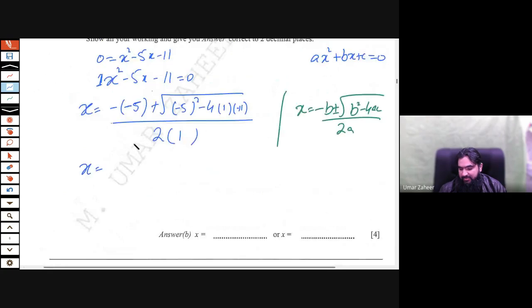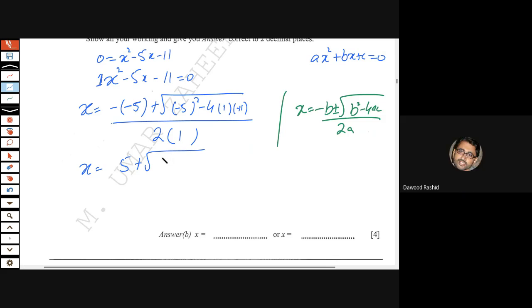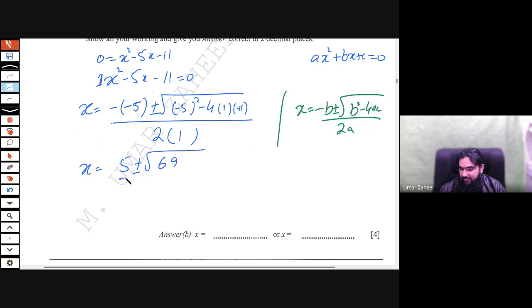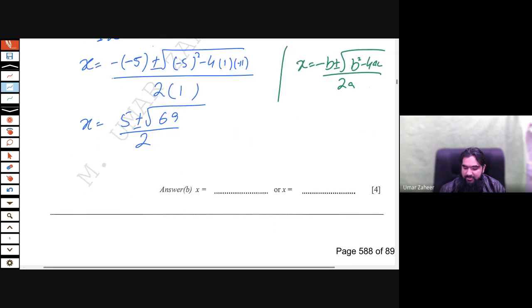Alright, now simplify. Minus and minus is plus 5 plus square root. 5 square is 25, 25 plus 44, that will be 69, sir. 69 divided by 2. Alright, solve it for positive value and for negative value. 5 plus square root 69 divided by 2, and 5 minus square root 69 divided by 2. Yes, everyone, find the value.